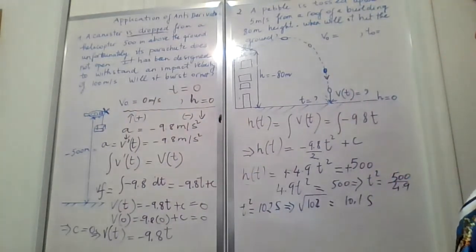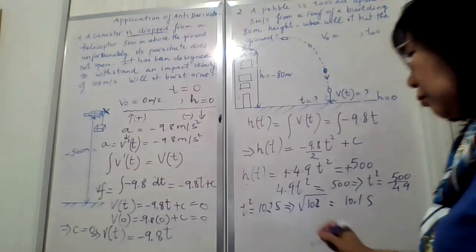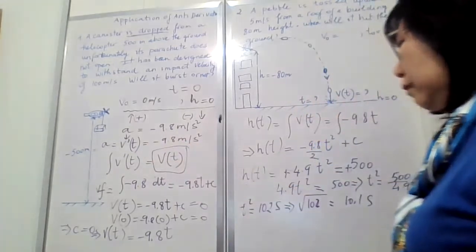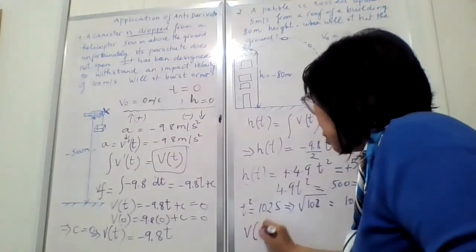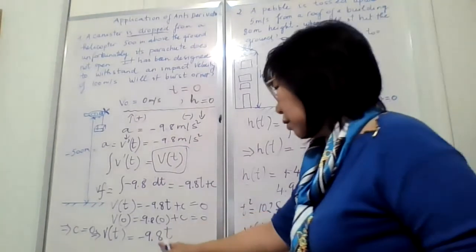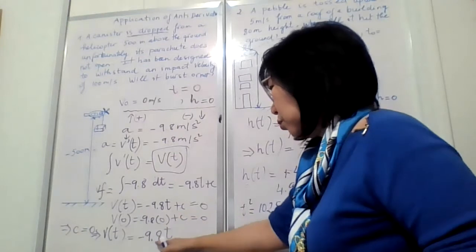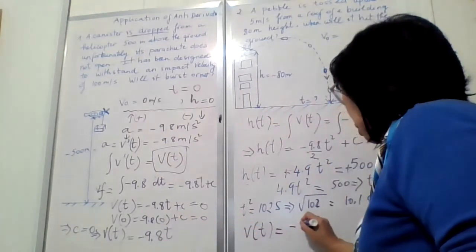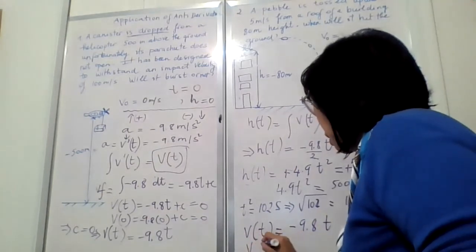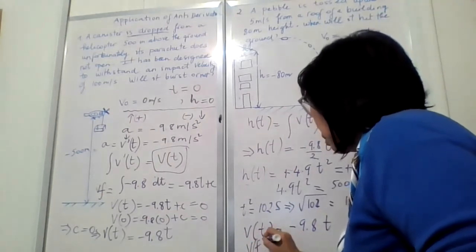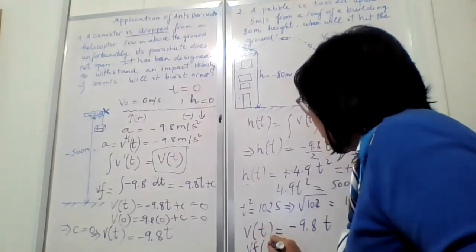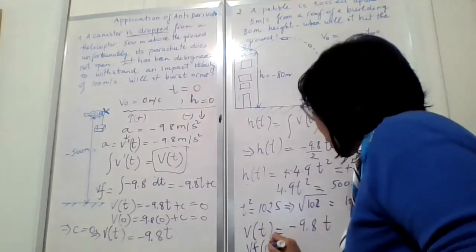How do we figure out the final velocity? Back to the function of velocity. The function of velocity equals minus 9.8 t. So now Vf of t, and our t is 10.1 seconds.